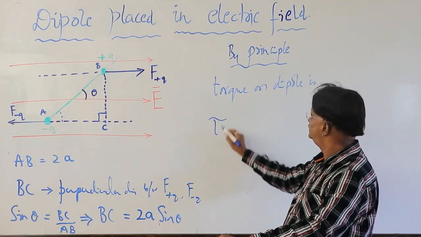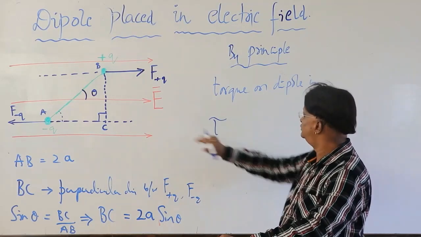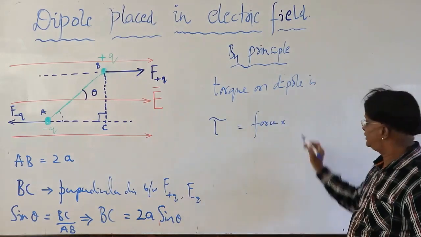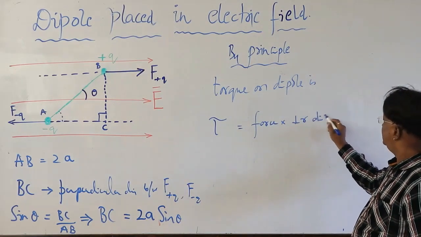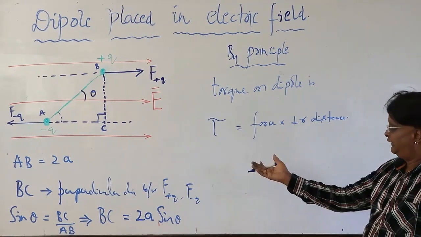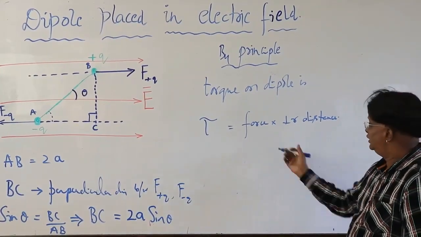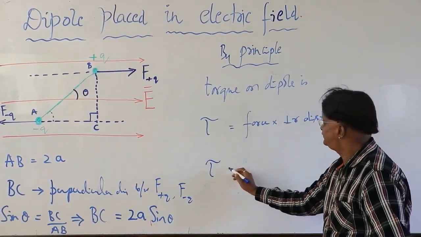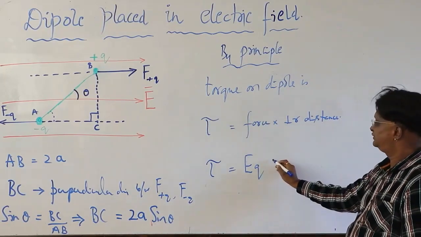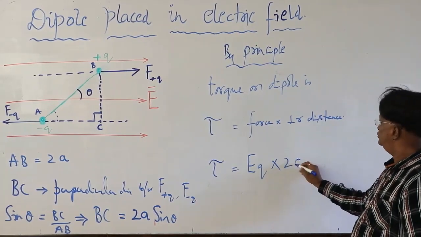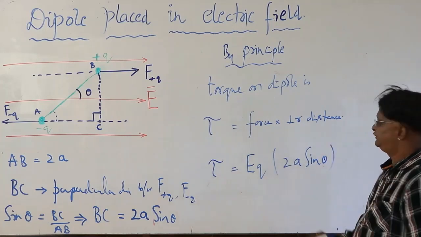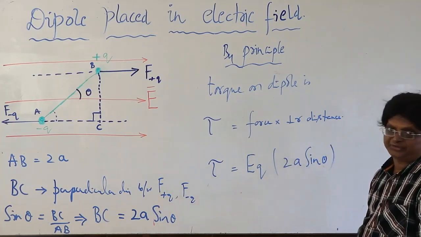Now this is tau, scalar only. Tau is equal to force times the perpendicular distance. This is how we have defined it. Now here that force is of course qE, each of the forces, and the perpendicular distance is 2a sin theta. A small rearrangement of terms I will do.